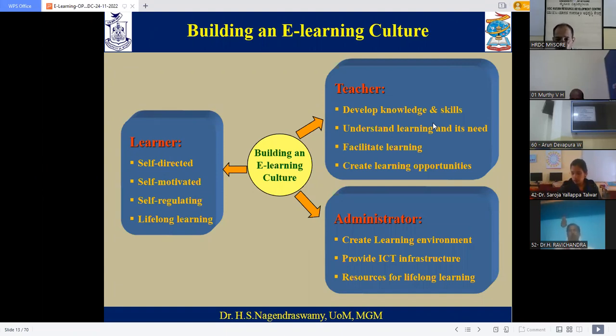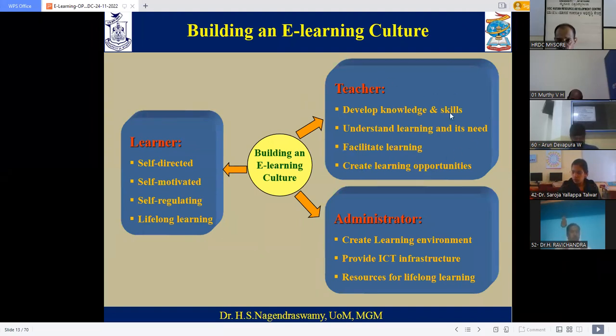And if we are offering a course in online mode, or if we are going to use an e-learning platform to deliver content to the audience, then definitely as a teacher, we need to develop knowledge and skills, right? And we need to adopt the technology. And through technology, we can deliver the things to the audience or the learners. Understand learning and its need, and facilitate learning, create learning opportunities.